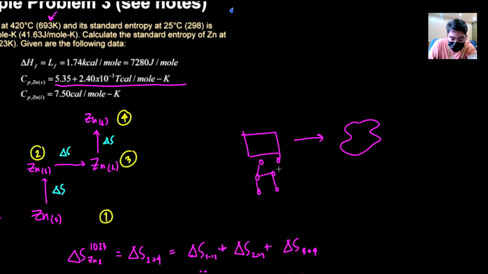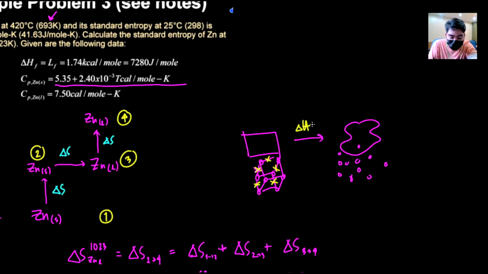And hopefully you still remember your Fismet, or yung basic na physical metallurgy. So kung may lattice siya, for you to be able to produce the liquid, and the liquid is just parang random na, wala na silang lattice formation. So for you to be able to produce this, kailangan nyo i-break yung mga bonds na to. Okay? You need to break those bonds. Diba? And for you to break those bonds, kailangan mo mag-absorb ng energy, which means that you need to have a positive delta H.